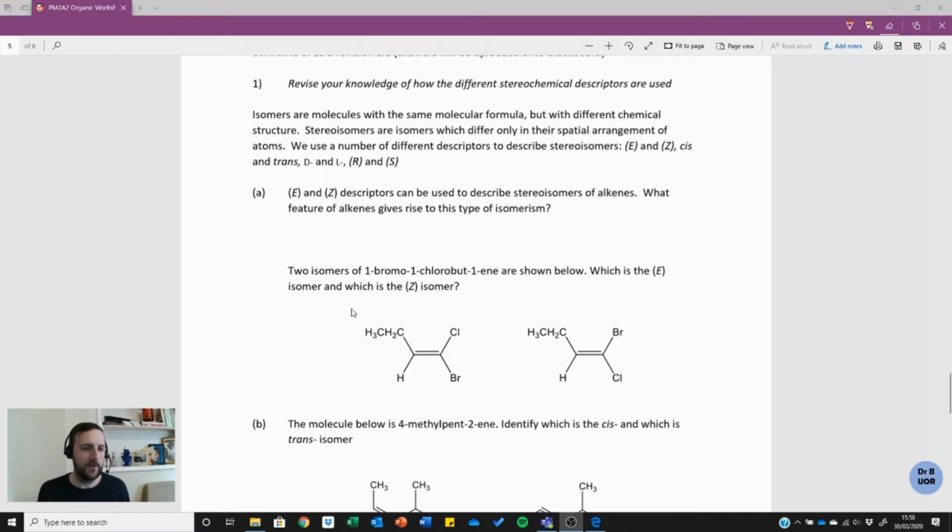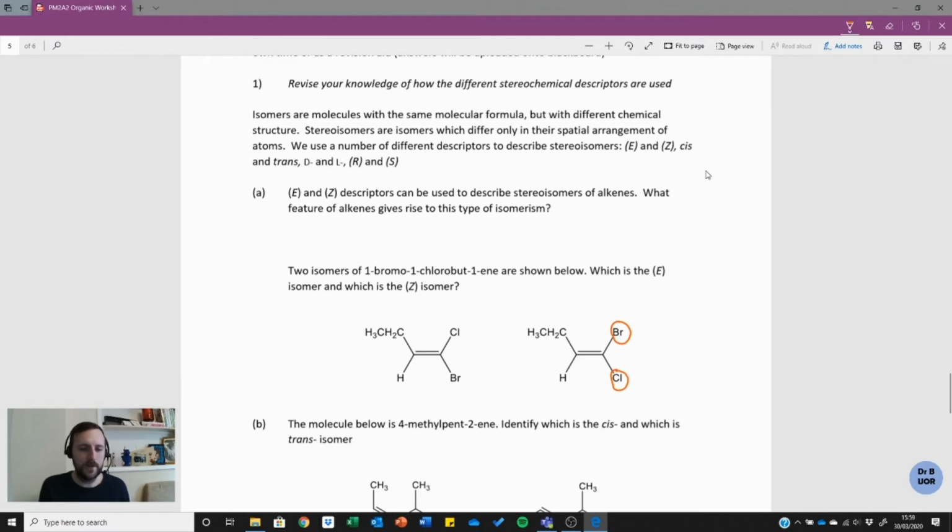Now importantly, if we're looking at E and Z, an important factor is that we have an alkene. So hopefully you can remember what an alkene is. An alkene has a double bonded carbon to carbon in the structure. And this is what allows us to have isomers. Because when we have a double bond here, these groups, if I can just circle them very quickly, now can't freely rotate.